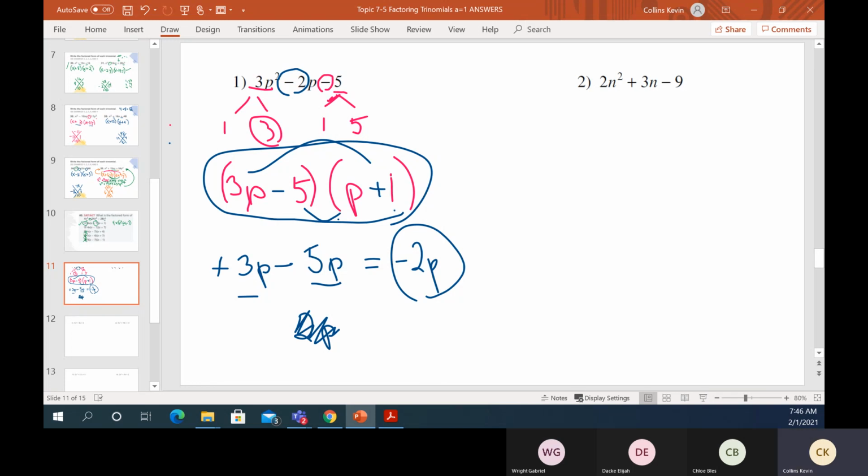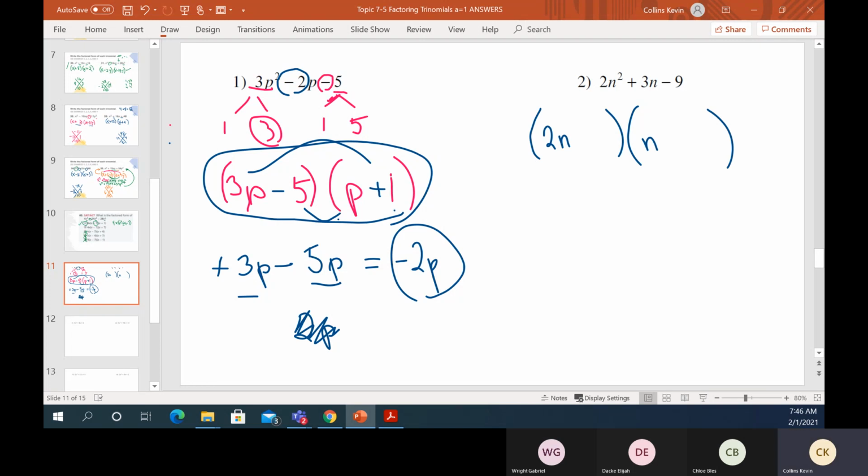All right, so let's look at the next guy. All right, so again, we've got 2n squared. Now, fortunately, like I said, the only way you get two numbers multiplied together to give you 2n squared, or just give you 2, is going to be 2n times 1n, okay?